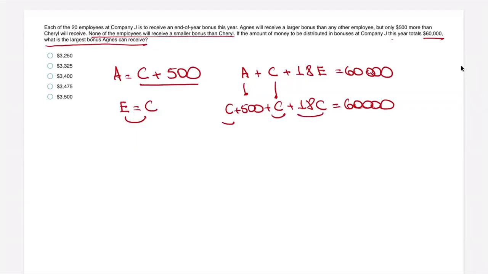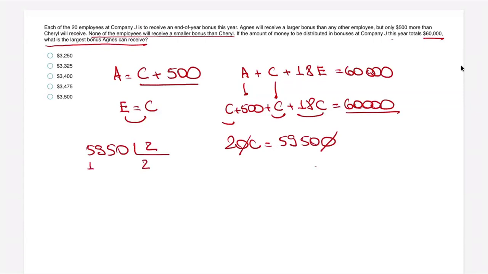18, 19, 20. 20C is equal to 60,000 minus 500, which is 59,500. Divided by 20, C is 2,975.